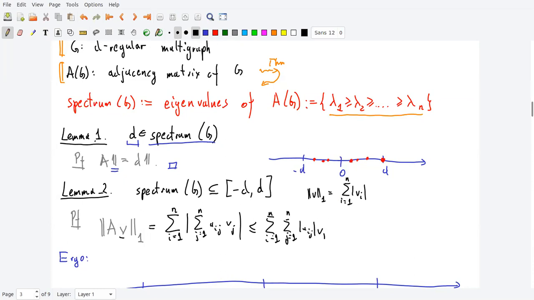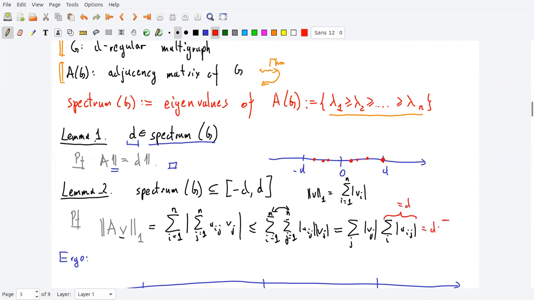Now comes the crucial operation of all of combinatorics: changing the order of summation. Let me first sum over j, and then I can put j in front. Here I have the sum of a_ij over all i's, and now observe that your multigraph is d-regular, right? So this sum is always equal to d.